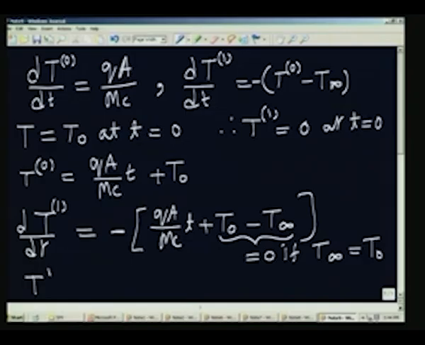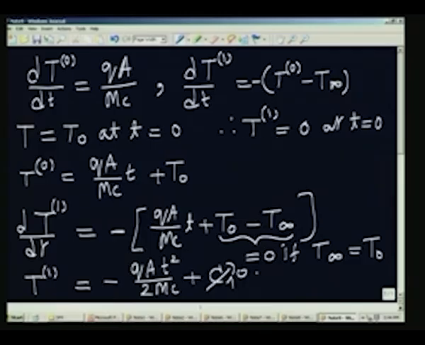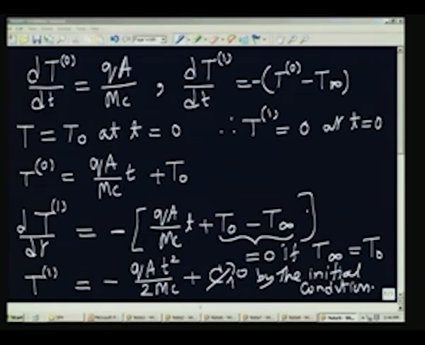So, this will give you T1 is equal to minus qA t squared by 2mc plus a constant of integration, and because T1 equals 0 at t equal to 0, plus c1 which is equal to 0 by the initial condition. Therefore, I can write the solution to the problem by adding these two terms.